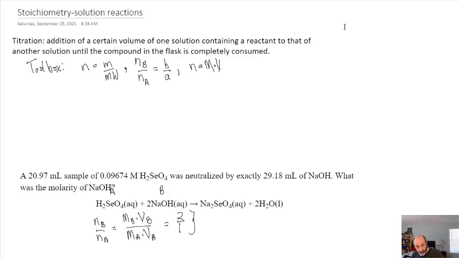So our unknown is the molarity of the sodium hydroxide, so that's this quantity here. We algebraically solve for that.